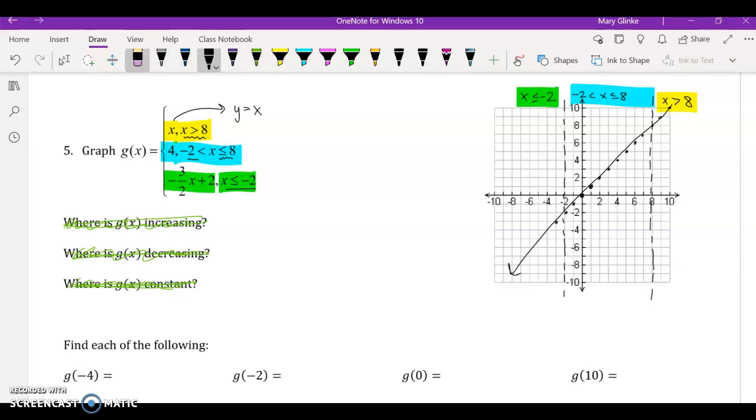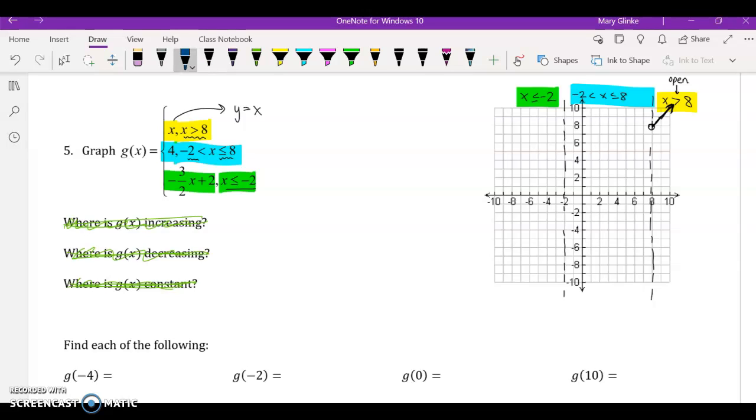The only part we want is the part that's in this yellow section here. Everything greater than 8 for that one. So what we're going to do is we're going to erase the other points and only look at the ones that are bigger than 8. So it's even just this tiny section up here. On our boundary here, we're going to have an open circle because at 8, we don't want to include it. We only want the things that are bigger than 8.